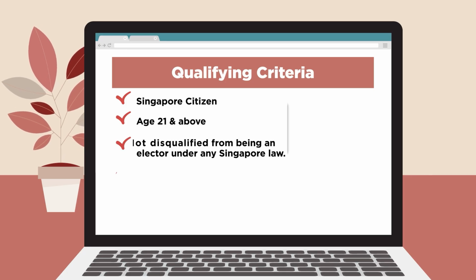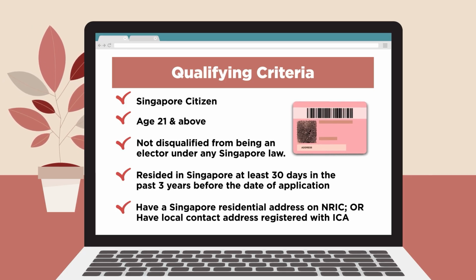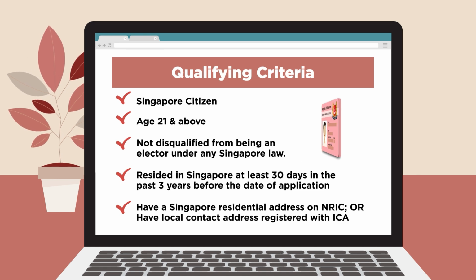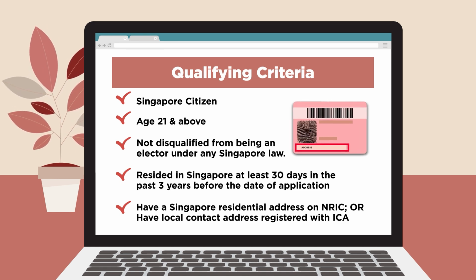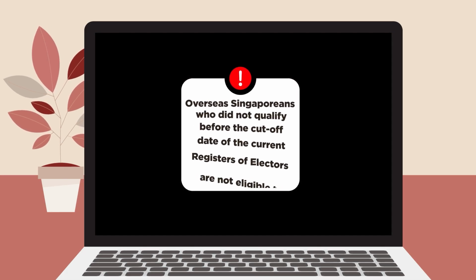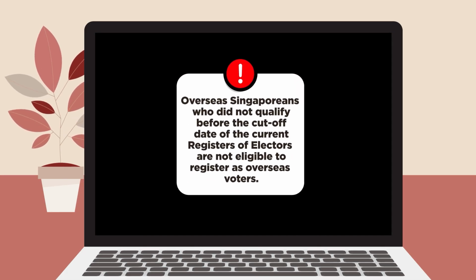A Singapore citizen who is residing overseas may apply to be registered as an overseas elector if he or she satisfies the following qualifying criteria. Overseas Singaporeans who did not qualify before the cut-off date of the current registers of electors are not eligible to register as overseas voters.